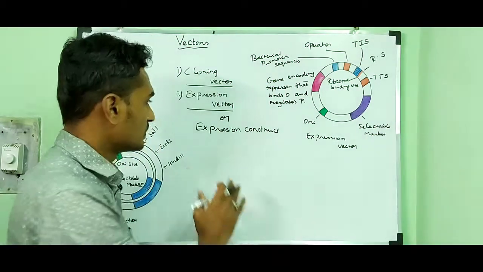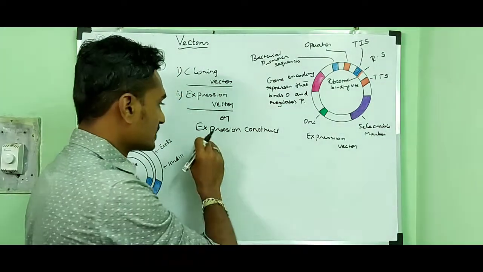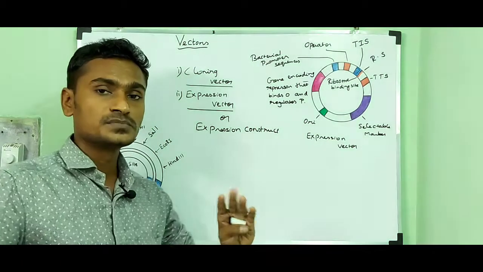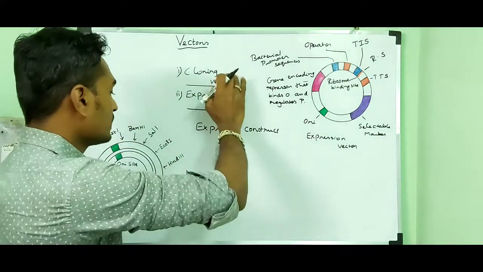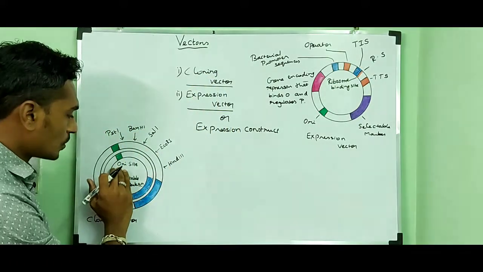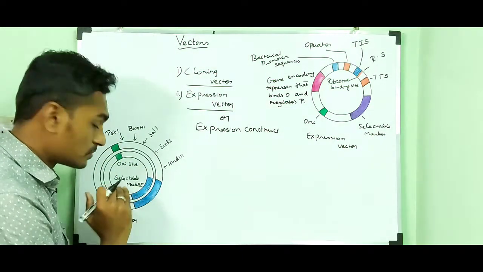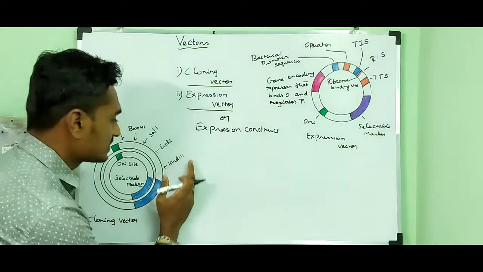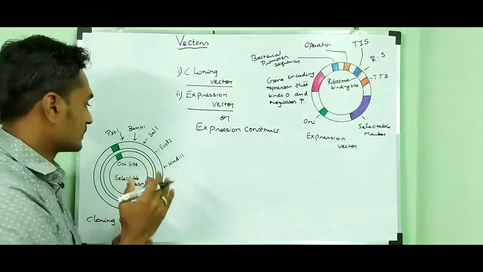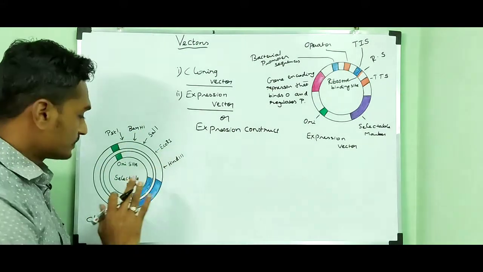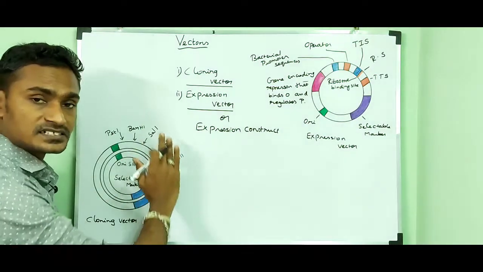While in the case of expression vector, it must be a plasmid or a virus. Then the cloning vector contains ORI site, that is the origin of replication site, and it contains selectable marker. Then it contains restriction site, a specific site where the gene of interest gets ligated.